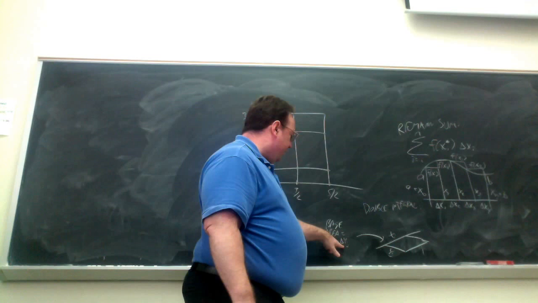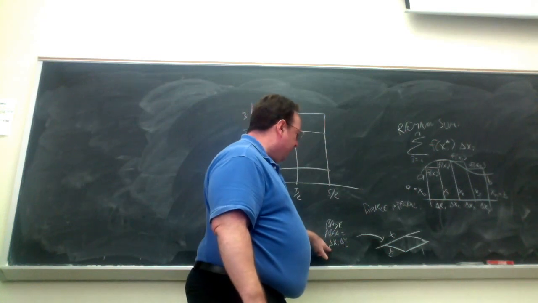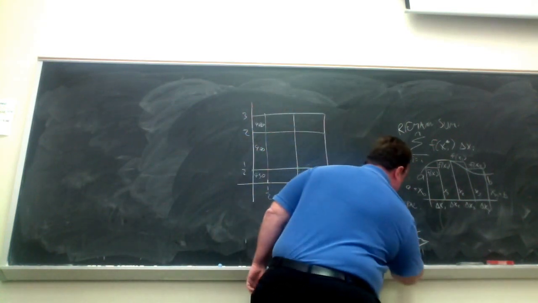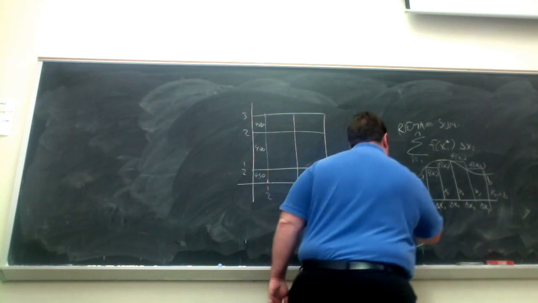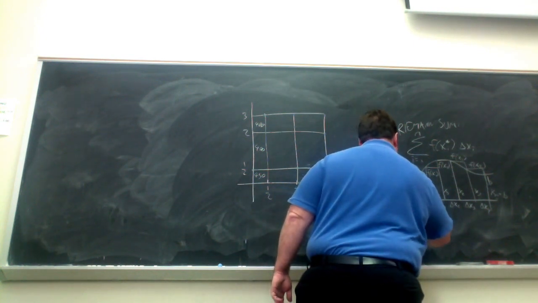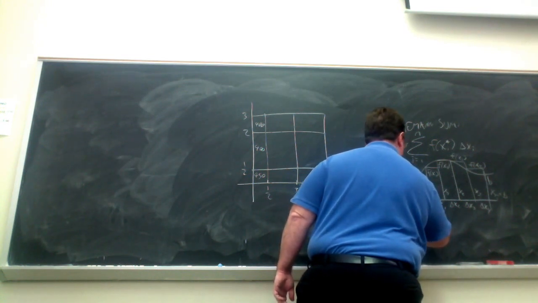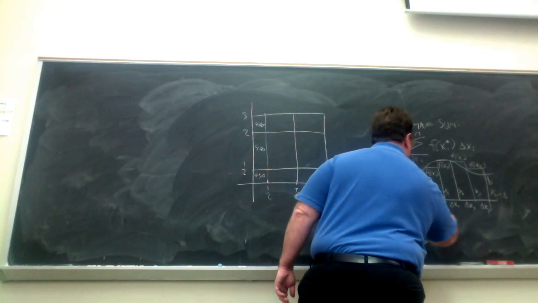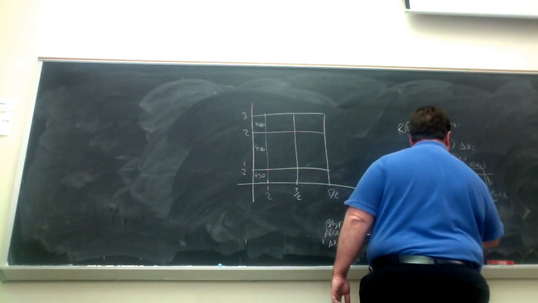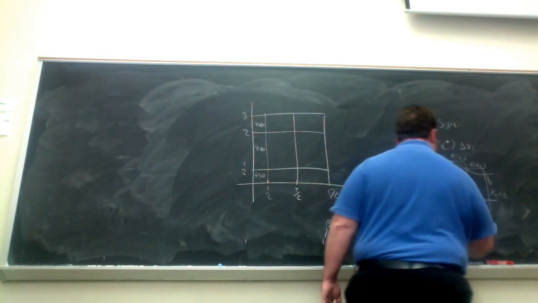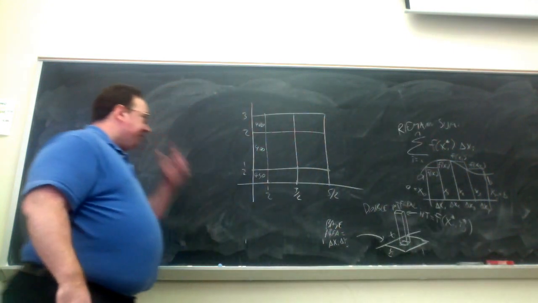You multiply the area of your base, the dimensions of your base rectangle, like one of these, times your height, which you get from your function. So your height is your function evaluated at some x value within your rectangle and some y value.